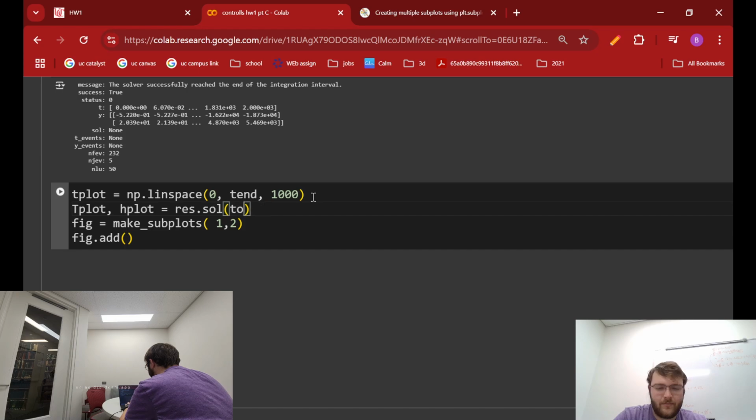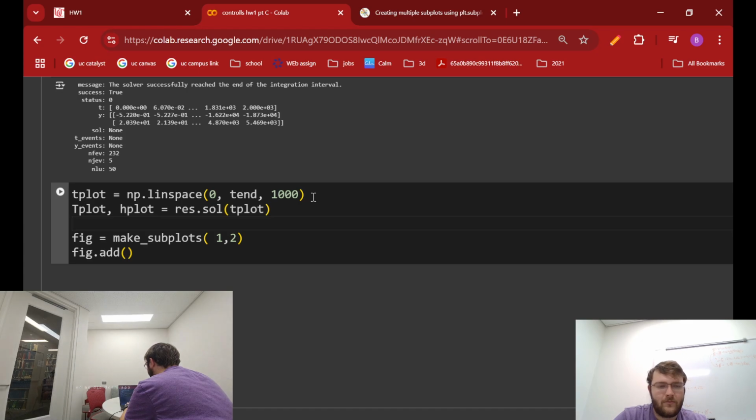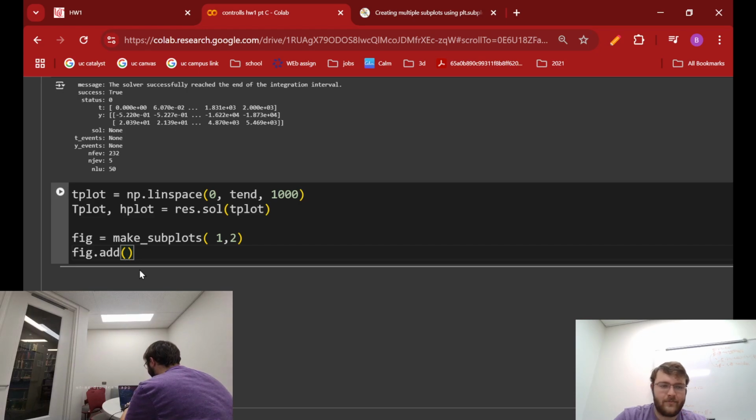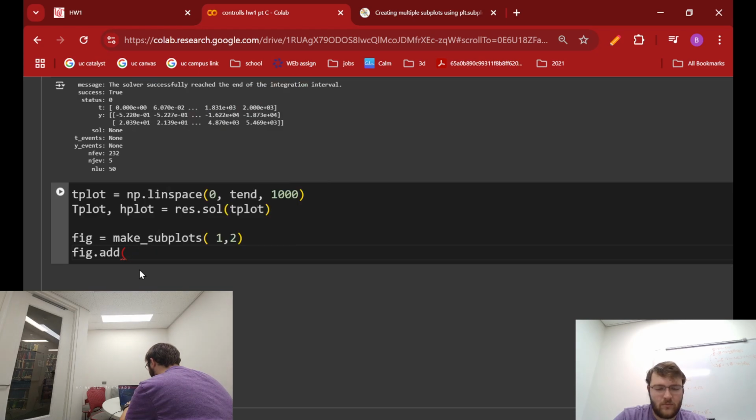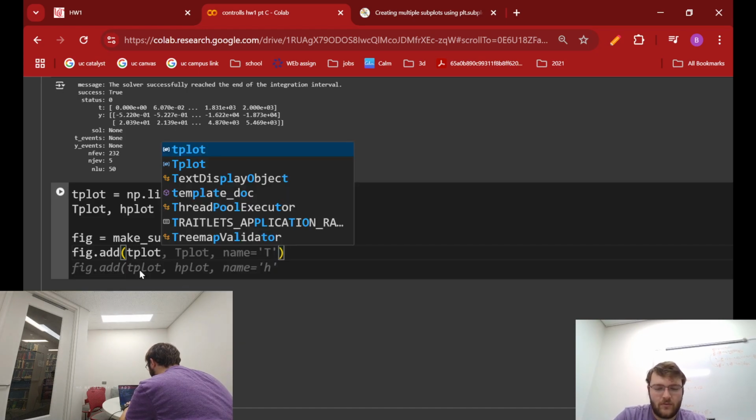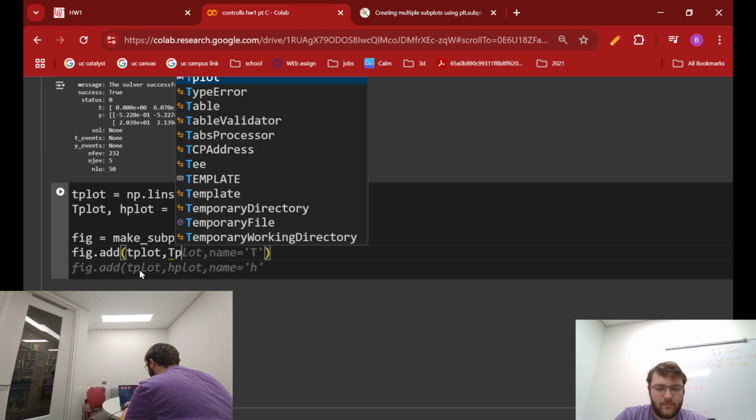So it's flat. Because then I can make the first one's x, so it'd be t plot, comma t plot.